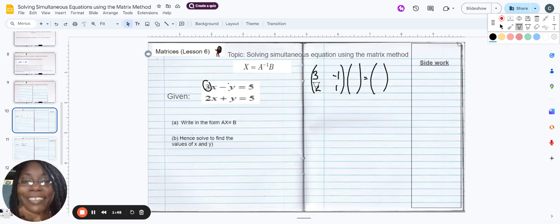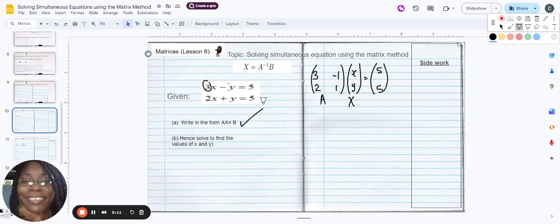So this is a 2 by 2 matrix, which we represented by A as in our last video. What we put here will be the letters in the question, which are x and y. This is matrix X, and the matrix B will be the solution. In this case, it is 5 and 5.